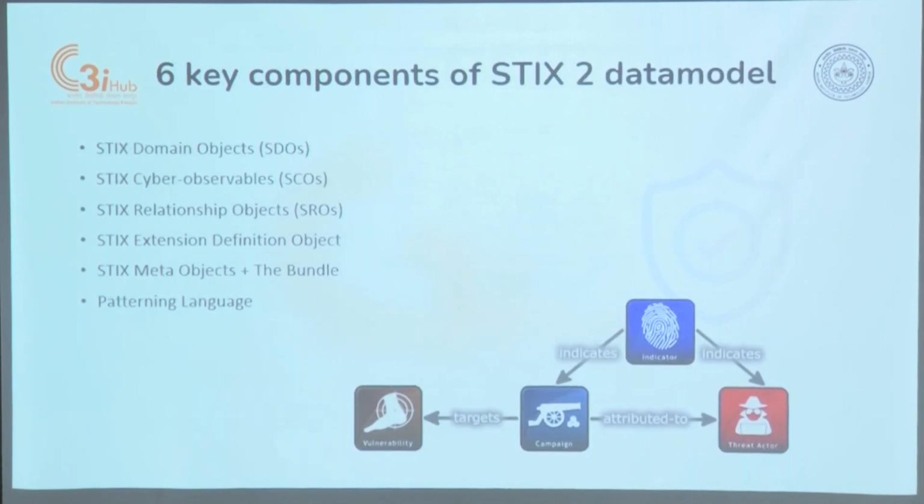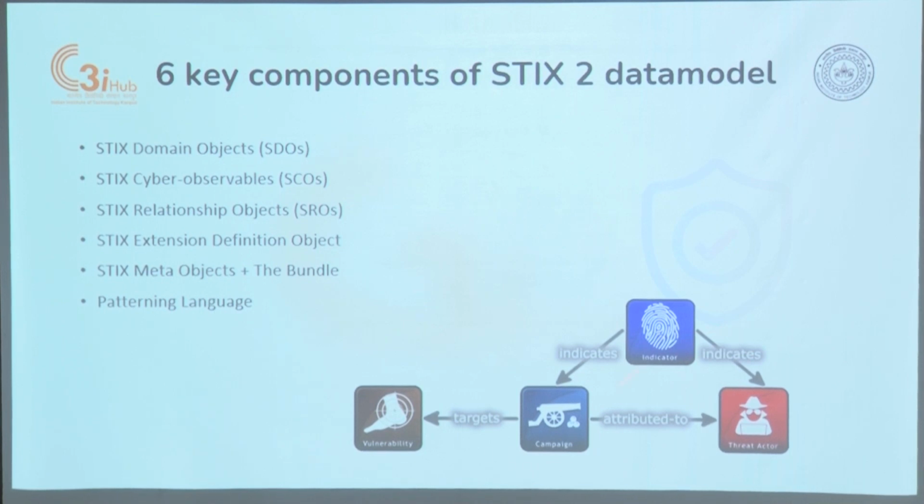Of course, the most extensive one is the STIX domain objects or SDOs, and then you have STIX cyber observables or SCOs, relationship objects or SROs, and then extension definition object and meta objects and the bundle, and there is a patterning language which is used mostly inside these. So those are the different types of entities in the data model.